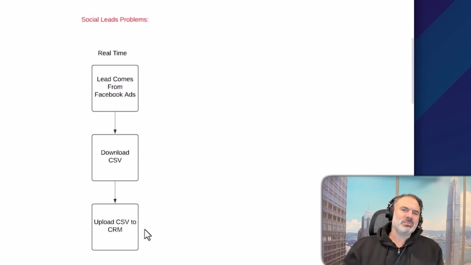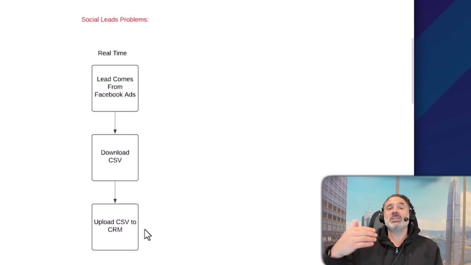The main problem here is that when a lead comes in, the lead expects you to contact them almost immediately. Also, when they're coming from social, most of the time their memory is so short that even if you call them after 1 hour, there is a chance that they will tell you that they don't even know who you are. They will say, I've never requested anyone for information.